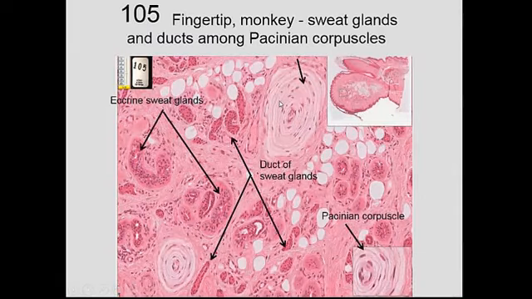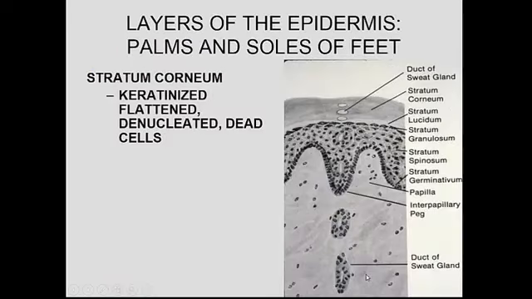So this is a Pacinian corpuscle, sweat gland ducts, and also the eccrine sweat gland itself, and another Pacinian corpuscle, which looks like an onion, but these are like fibroblast cells here, and a little piece of a nerve is in the middle there.